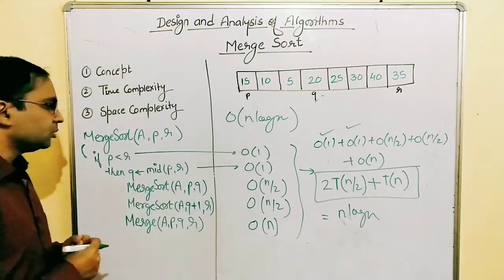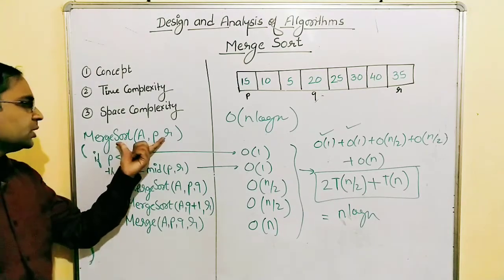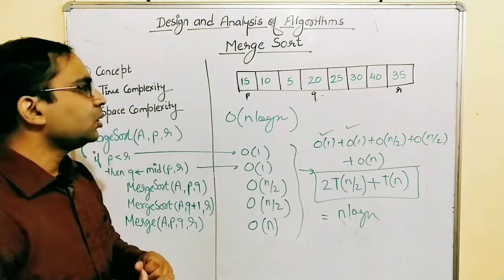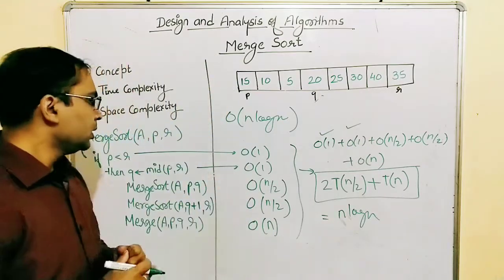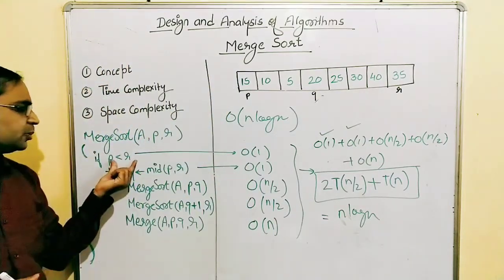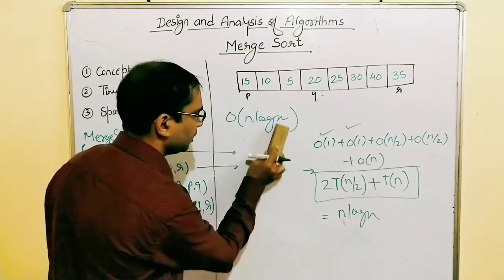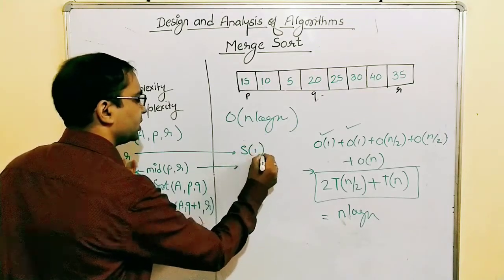Now let me talk about the space complexity. We can see that just to store this list, we need an array of size n. Let me write the space complexity. For this we need space complexity of 1.